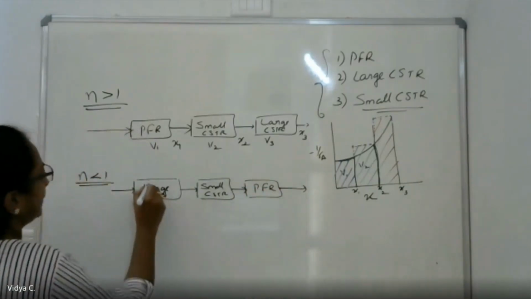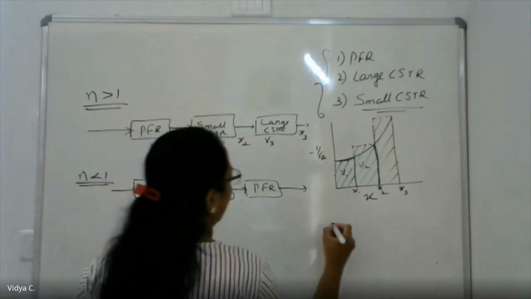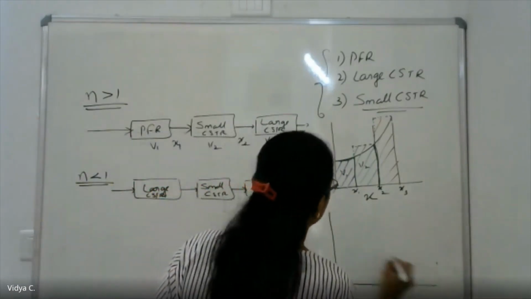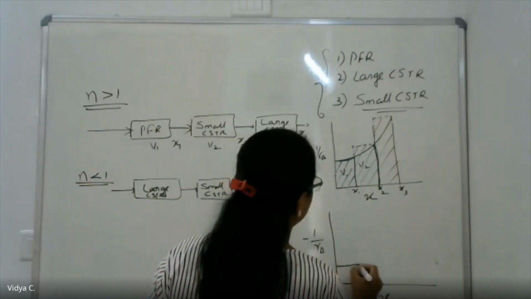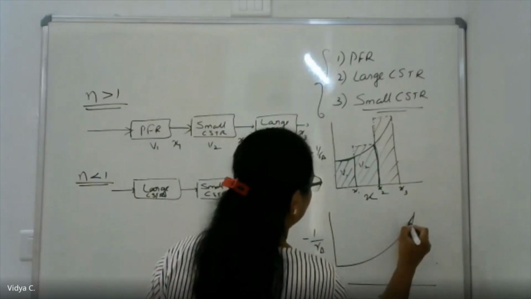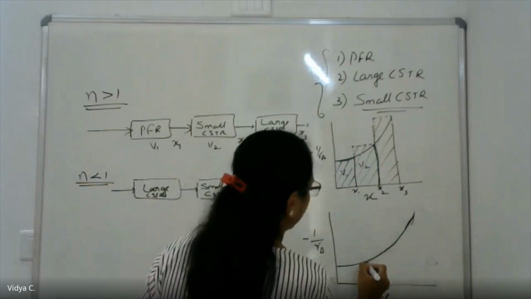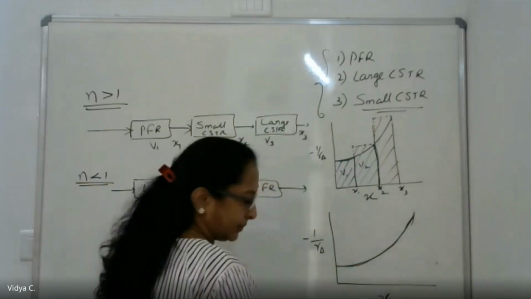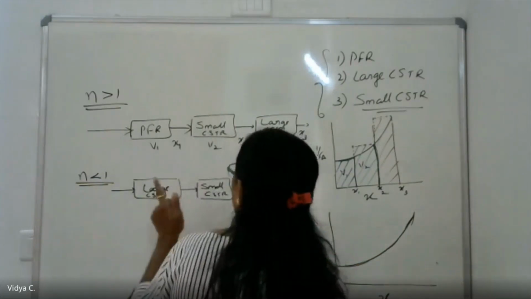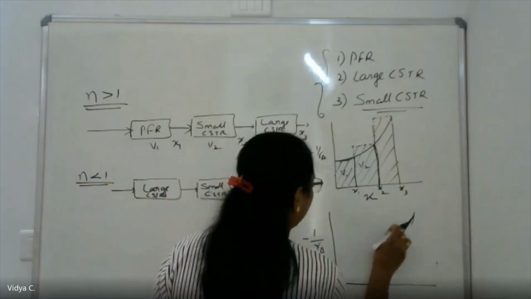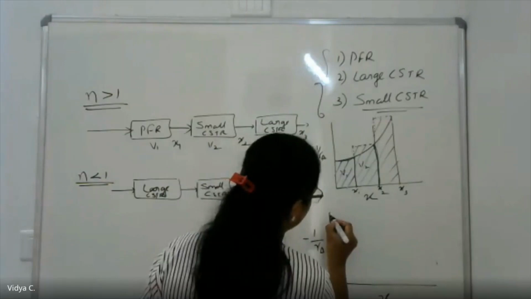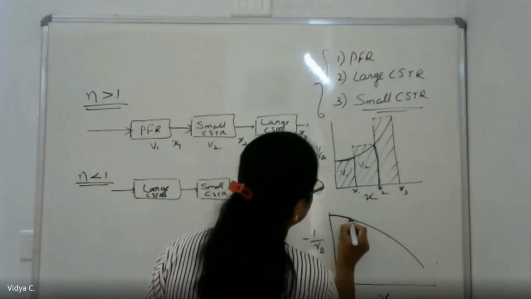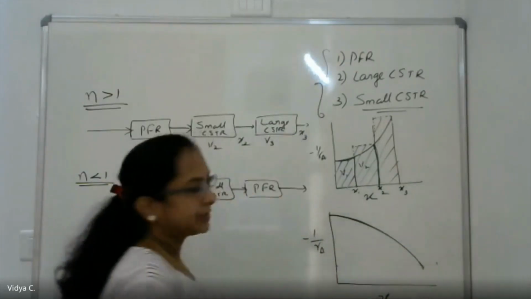If I'm trying to plot this again, -1/rA versus X, for n less than 1 the nature will not be in the same way. The nature will be the reverse. It will be in this way.